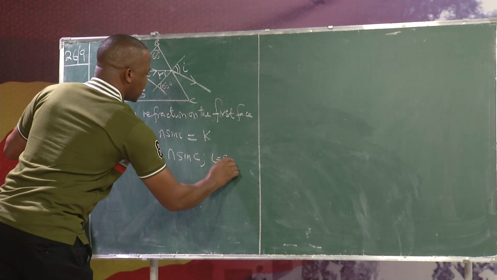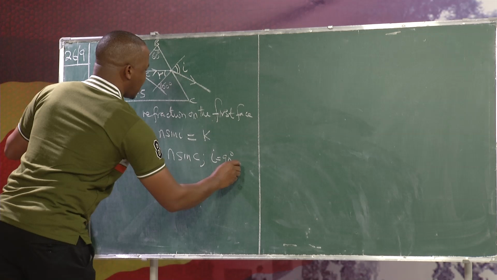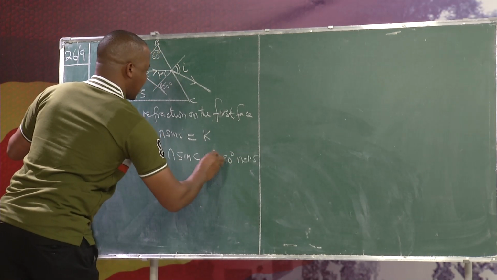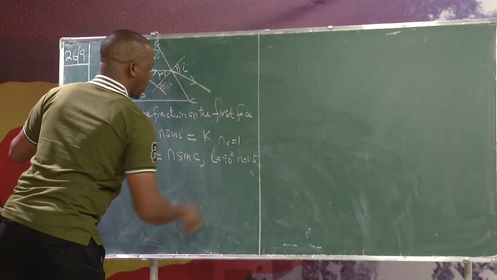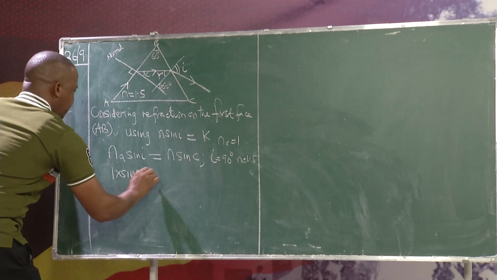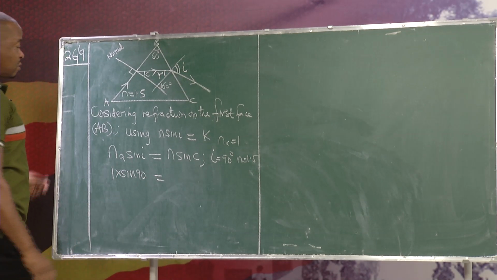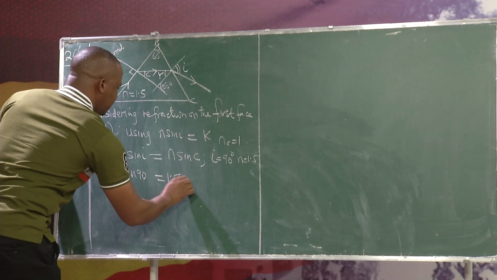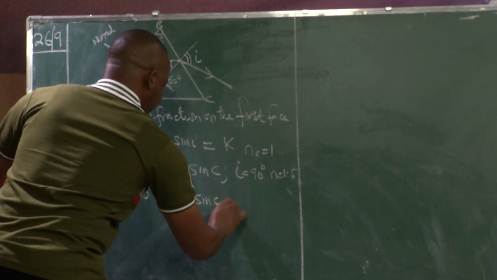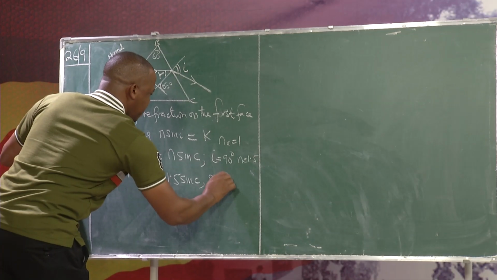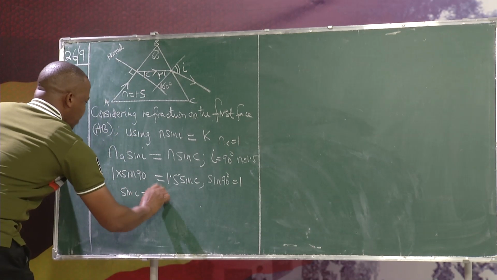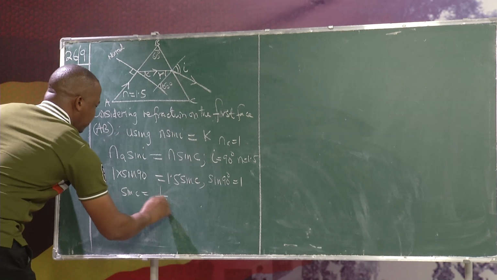I is 90 degrees. n is 1.5, and n of air is 1. So 1 times the sine of 90 becomes equivalent to 1.5 times the sine of C, which implies, remember that sine of 90 is 1, that the sine of C would actually be 1 out of 1.5.